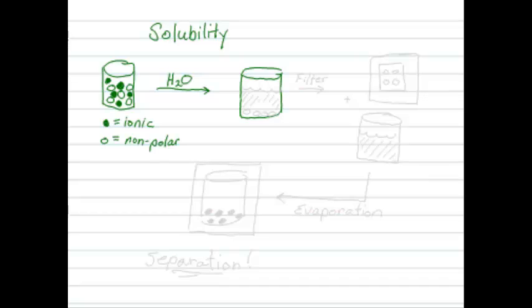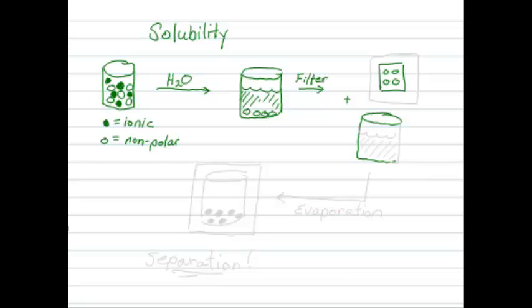If we expose that mixture of chemicals to water, we would expect to see the ionic compound dissolve in the liquid water, as indicated by the darkening of the solution. However, the nonpolar compound would not dissolve. In fact, it should just remain at the bottom of the flask or float depending upon its density.